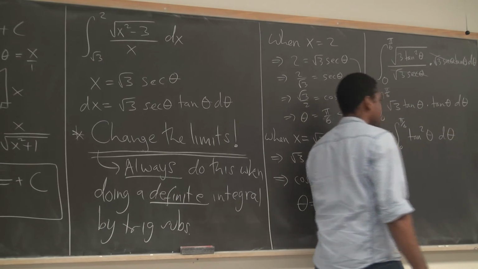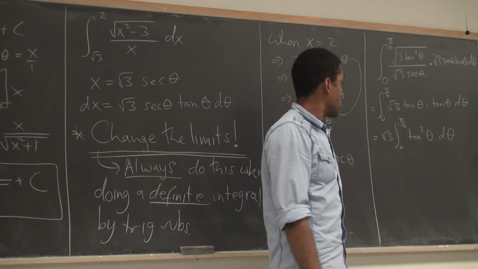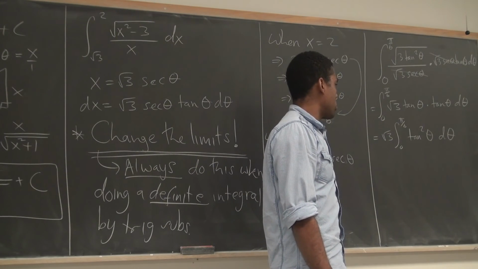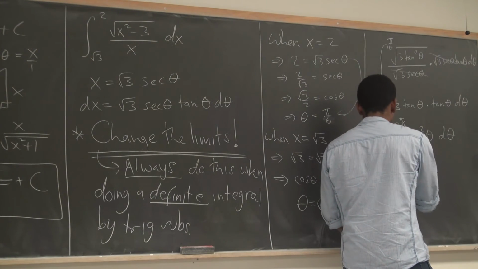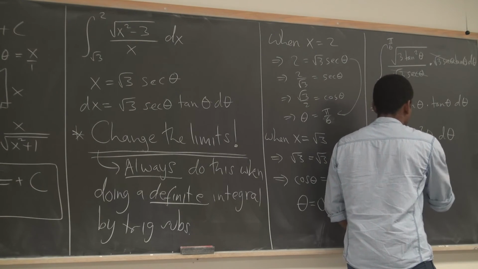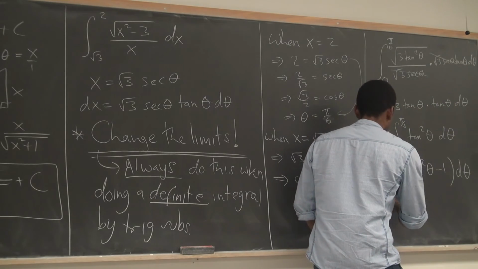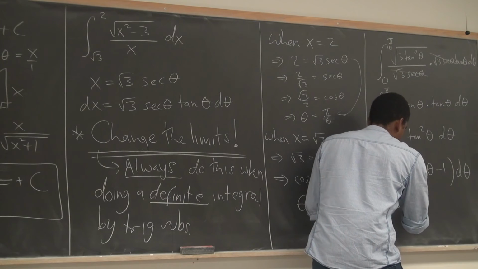How do we integrate tangent squared? Alright, we do an identity. This is just secant squared minus 1. What's the integral of secant squared? It's just tangent.